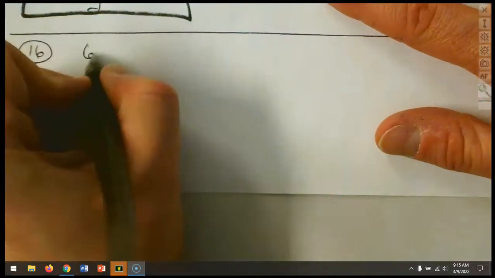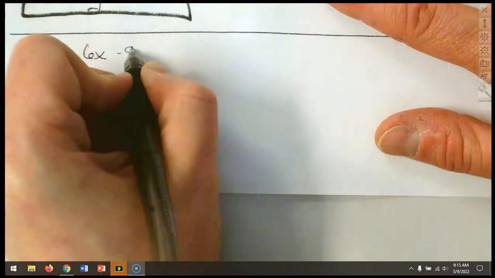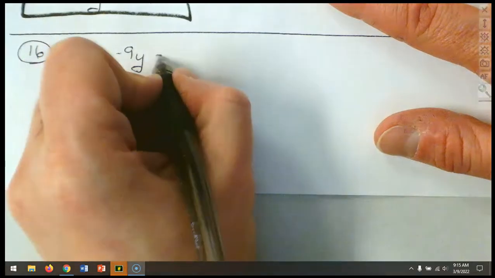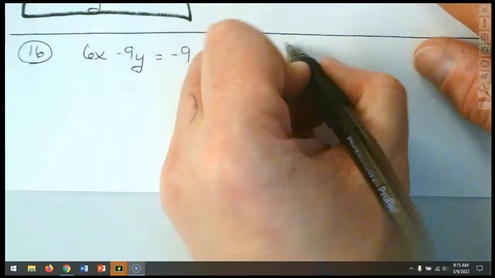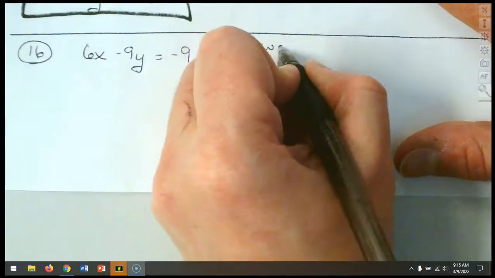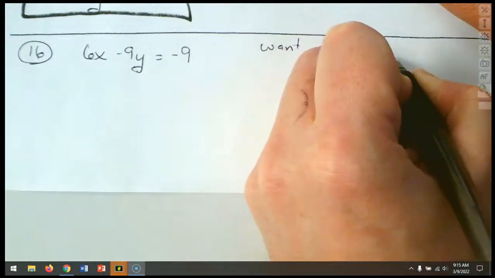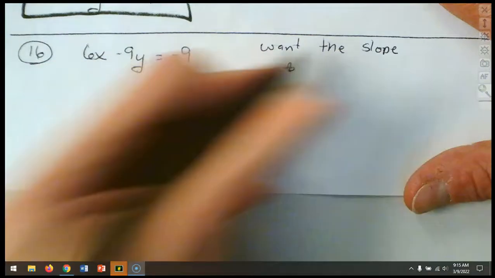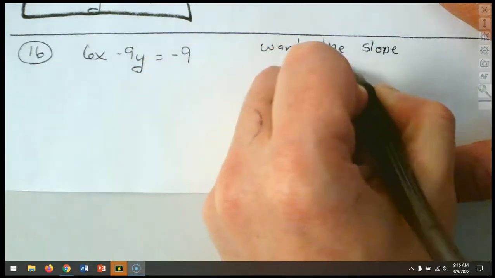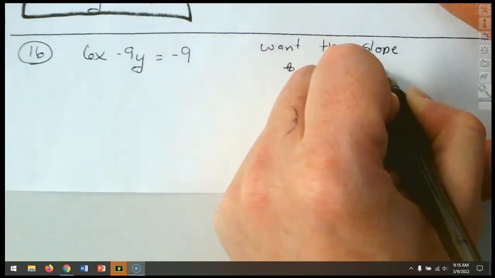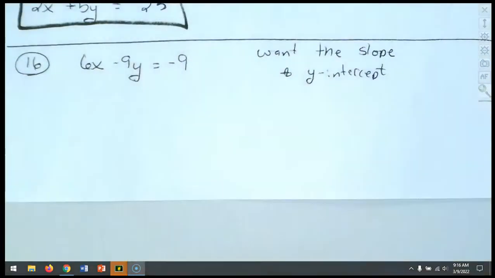16 is 6x minus 9y equals a negative 9. And we want the slope and y-intercept. And how do we do that? Okay, well, we need a slope and we need the y-intercept, right?